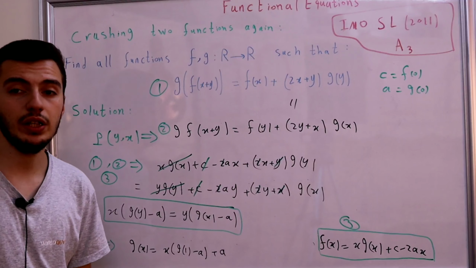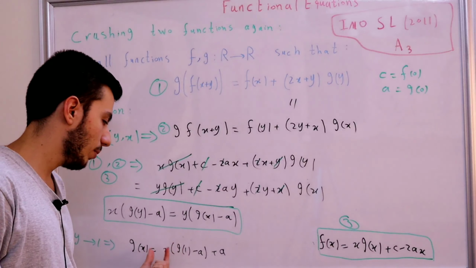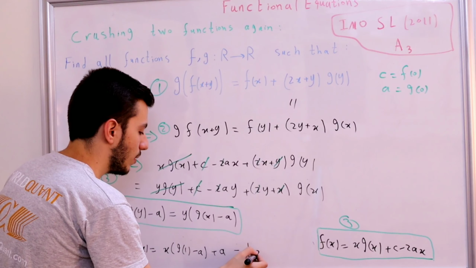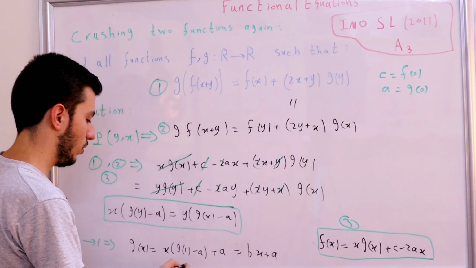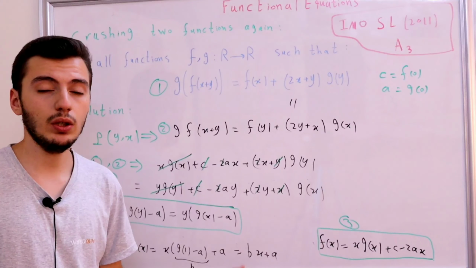So actually g is linear, because g is equal to some constant times x plus a, right? So I can write this as bx plus a, and of course this is b. Great, so now I know the value of g.